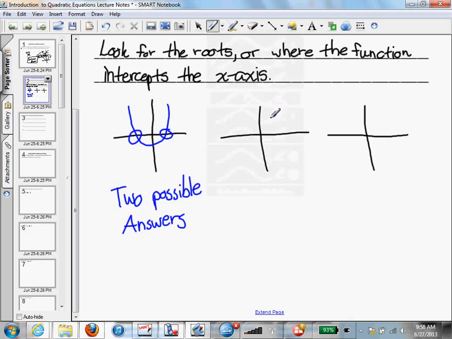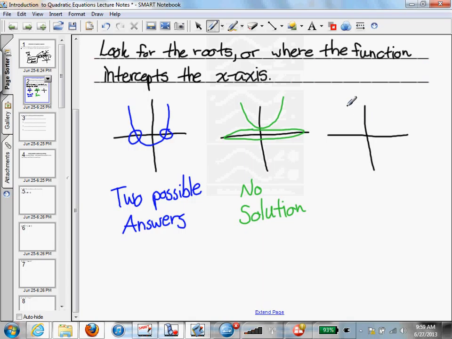You could graph and get something that looked like this, where there would be no solution, because if you look, there are no intersections along the x-axis.